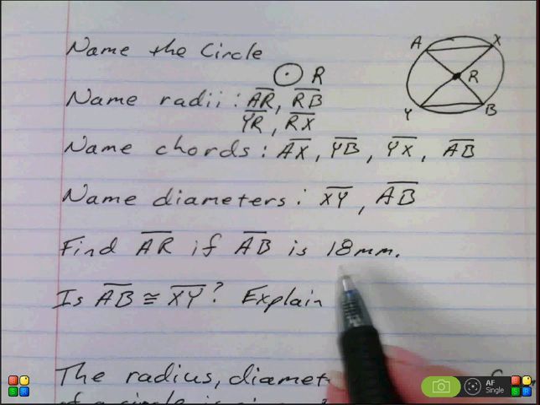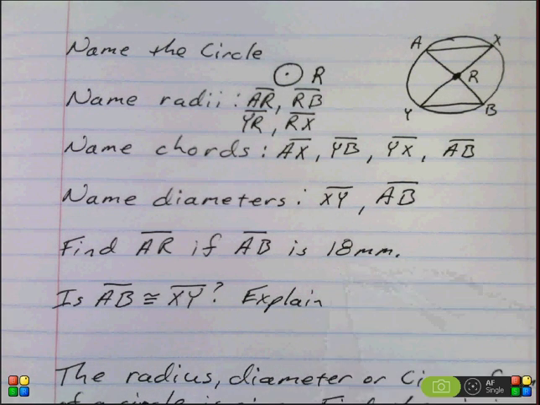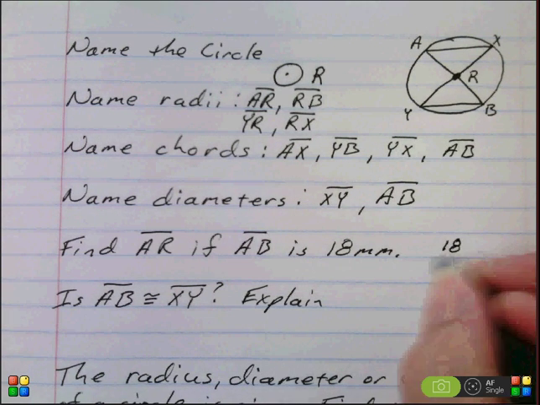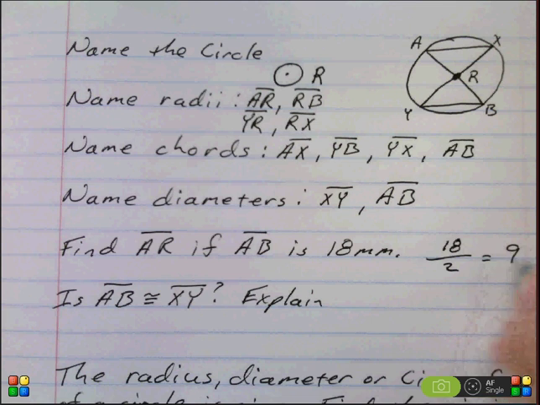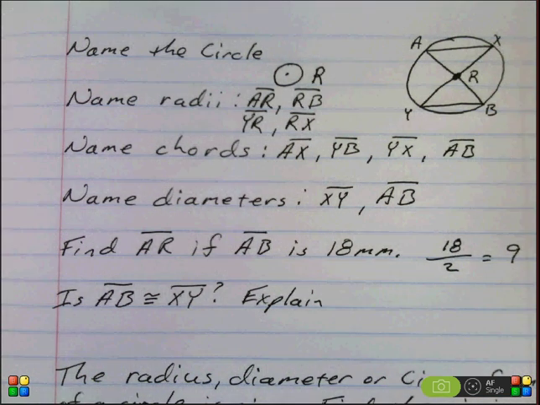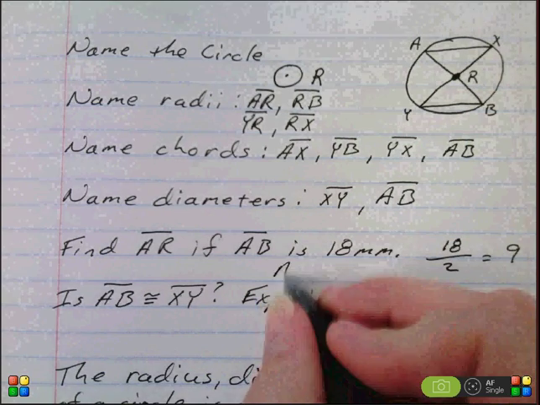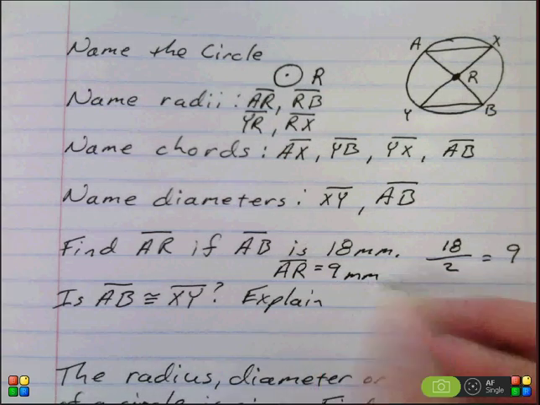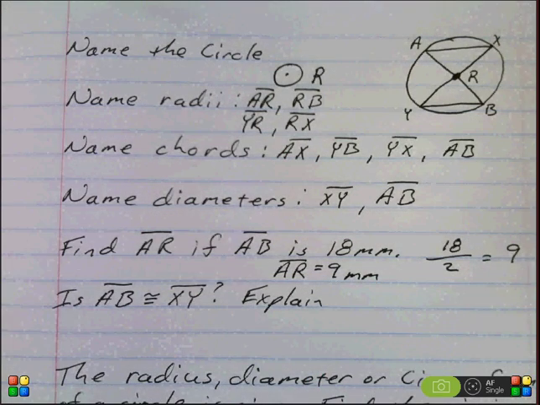So if AB is 18, AR is going to be half of that. 18 divided by 2 gives us 9. So AR equals 9 millimeters. Okay?